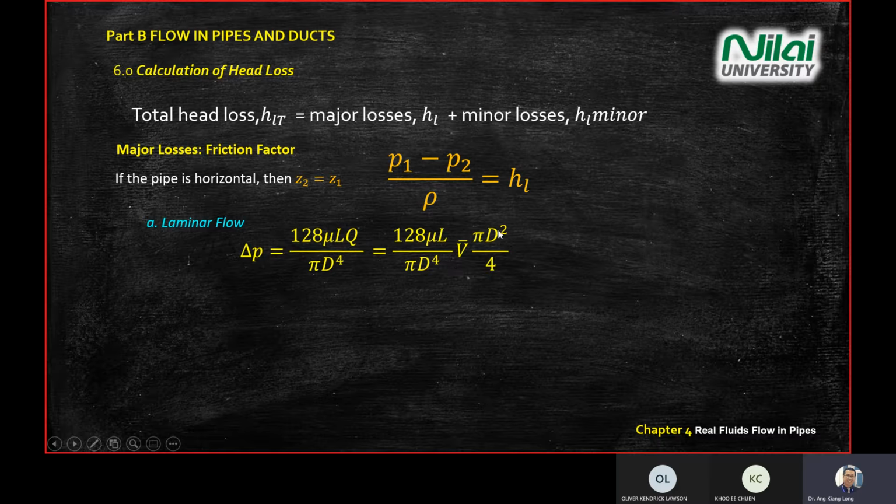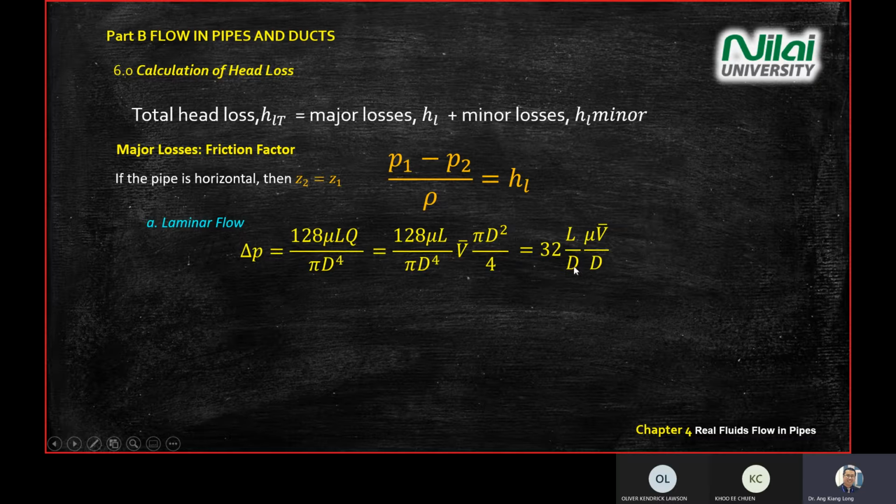Q equals velocity times cross-sectional area. What is important is that you memorize this equation and then this equation, and then you can find all the unknowns. The rest is just simplification of this delta P equation. You can write it in the first form, second form, or third form.